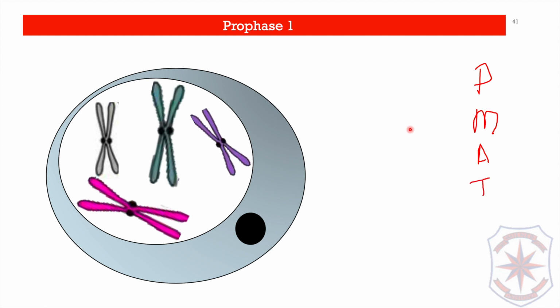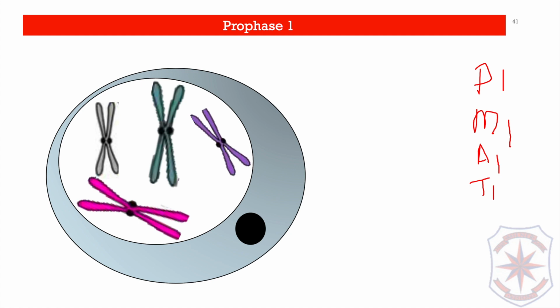This shows the order in which the phases follow. So prophase, metaphase, anaphase, telophase, and because we are dealing with meiosis 1, it will be PMAT 1, meaning prophase 1, then followed by metaphase 1, then followed by anaphase 1, then followed by telophase 1.